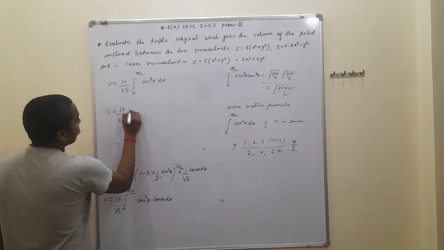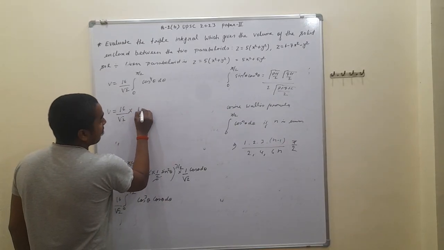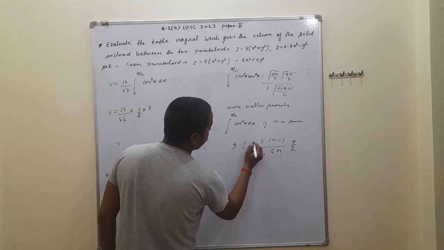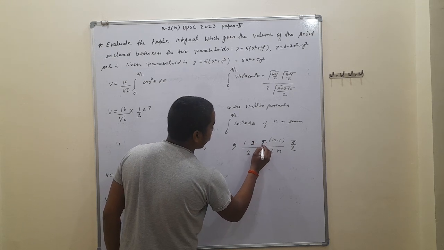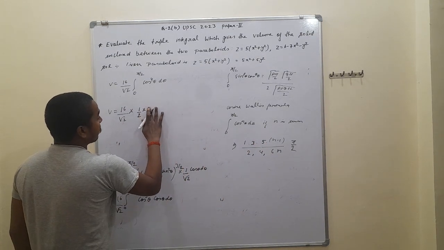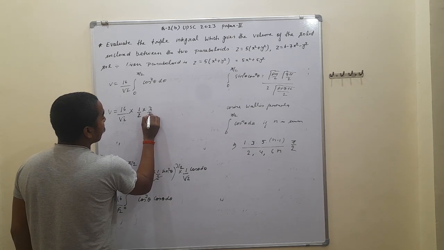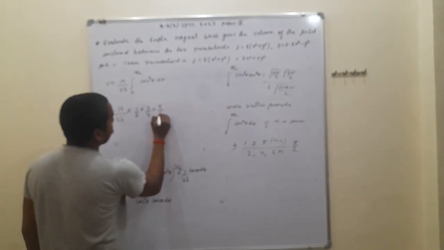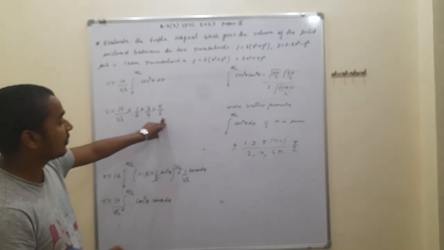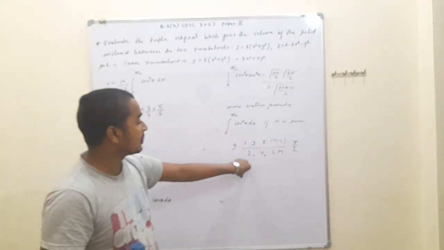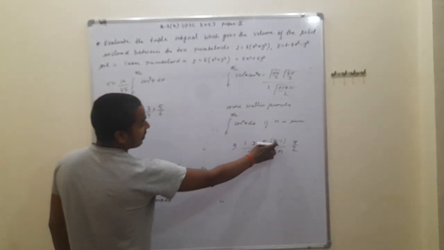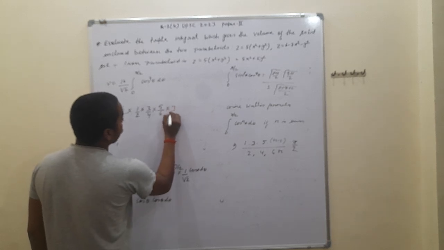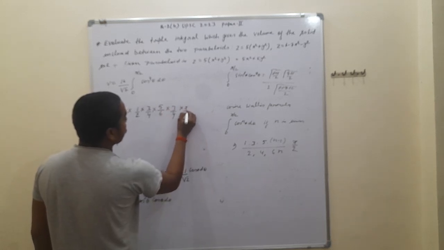That is 1 by 2 into 3 by 4, where n minus 1 with n equal to 4 gives 3 by 4, and pi by 2 is already present.